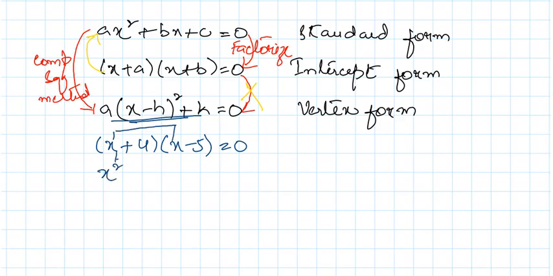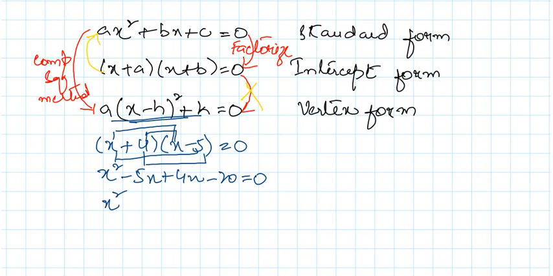Then x multiplied by minus 5 is minus 5x. Then plus 4x. Then minus 20 equals 0. x square minus x minus 20 equals 0 is the form which I got, the standard form. And now I can use the completing square method to change it to the vertex form.